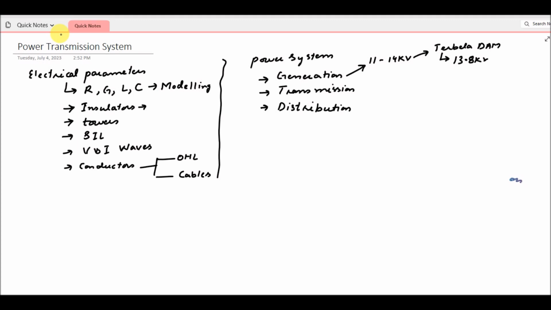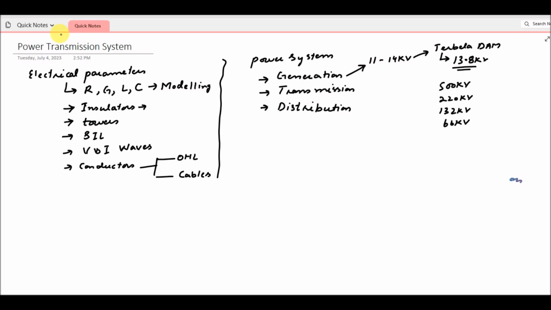After producing power at 13.8 kilovolts, there is a step up transformer that we are using to step up the voltage to higher voltage levels. Specifically in Pakistan, the transmission voltage levels are 500 kilovolt, 220 kilovolt, 132 kilovolt, and 66 kilovolt.